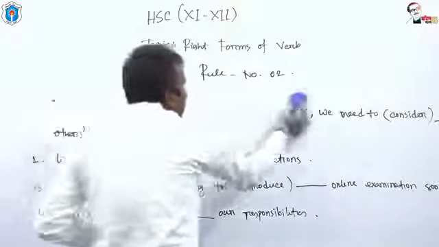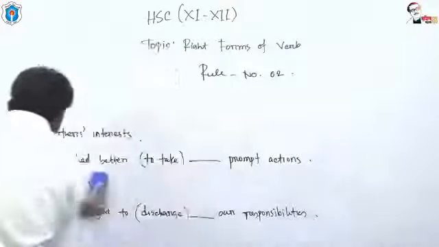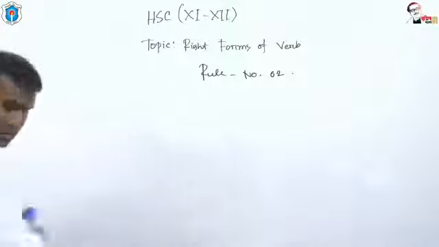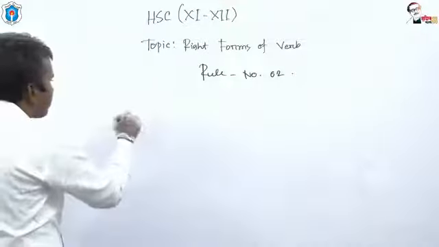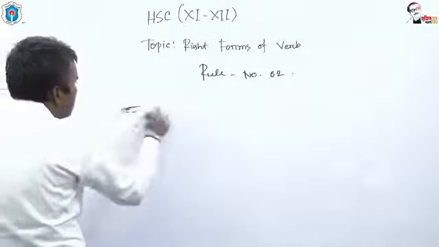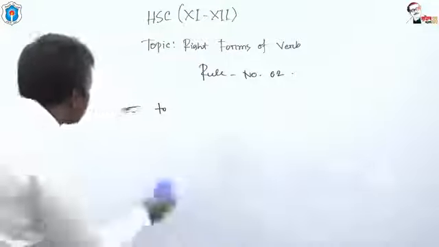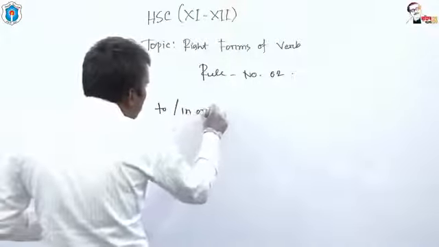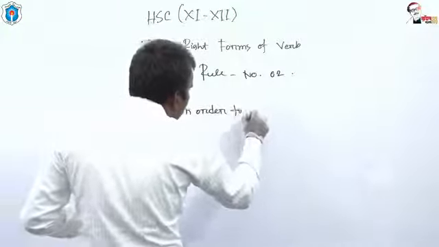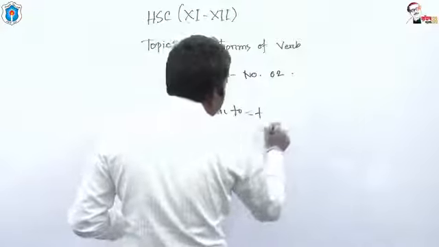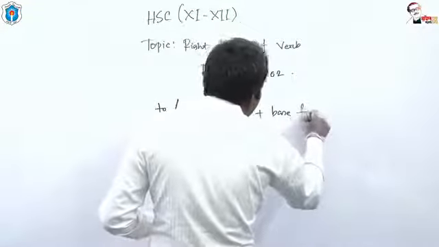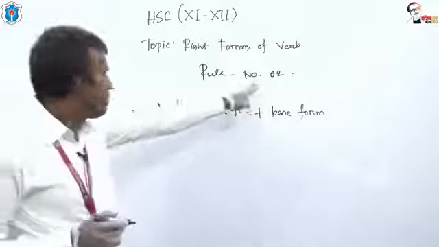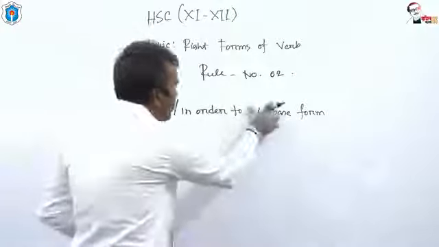Now I am going to write down the rules for you. For rule number 2, dear students: to or in order to plus base form. This is A under rule 2. After to or in order to, we need to use the base form.